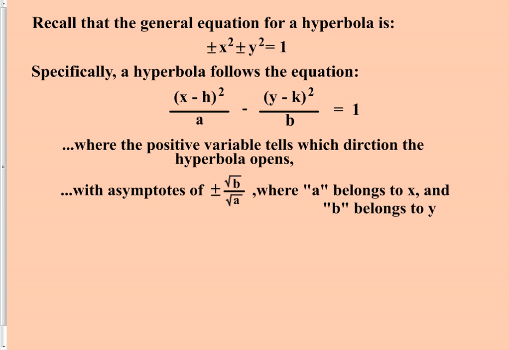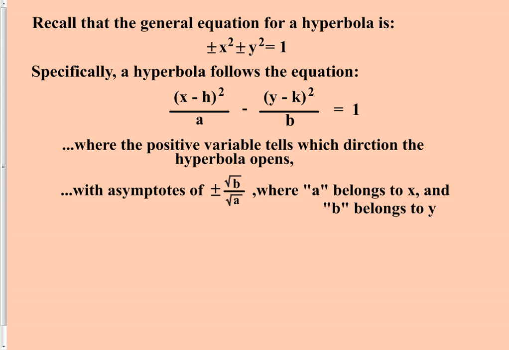Now, your hyperbola has asymptotes inside of it. While a hyperbola looks similar to a parabola, it is not exactly the same thing. So it's not like two parabolas in a graph. Hyperbolas are a different type of curve. So we're going to have two asymptotes in our graph, kind of constricting the hyperbola, making sure it stays in its proper places.